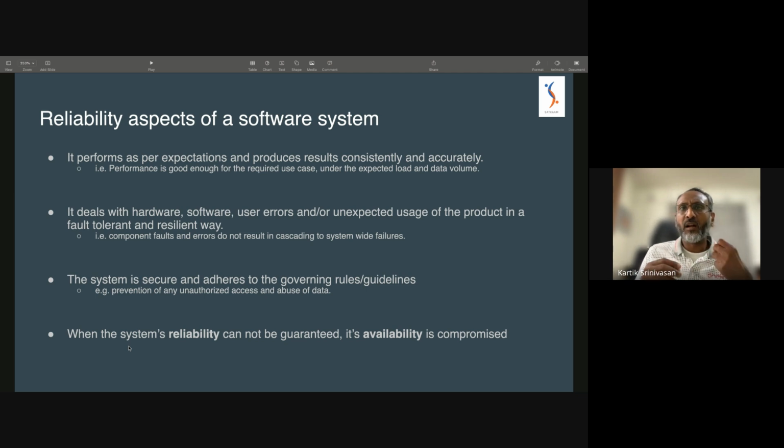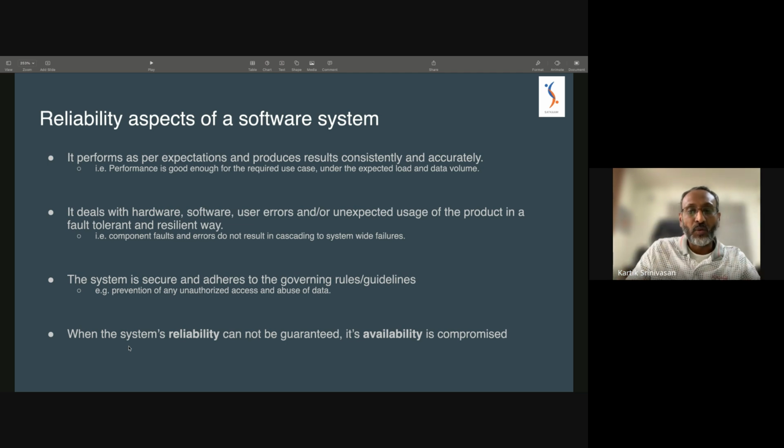One of the fallouts of reliability, right? Remember, when we started the conversation, we said there is a non-functional aspect of availability associated with system requirements. And I think reliability is one of the biggest contributors to availability. If your system is not reliable, it generally is not available as well, right?